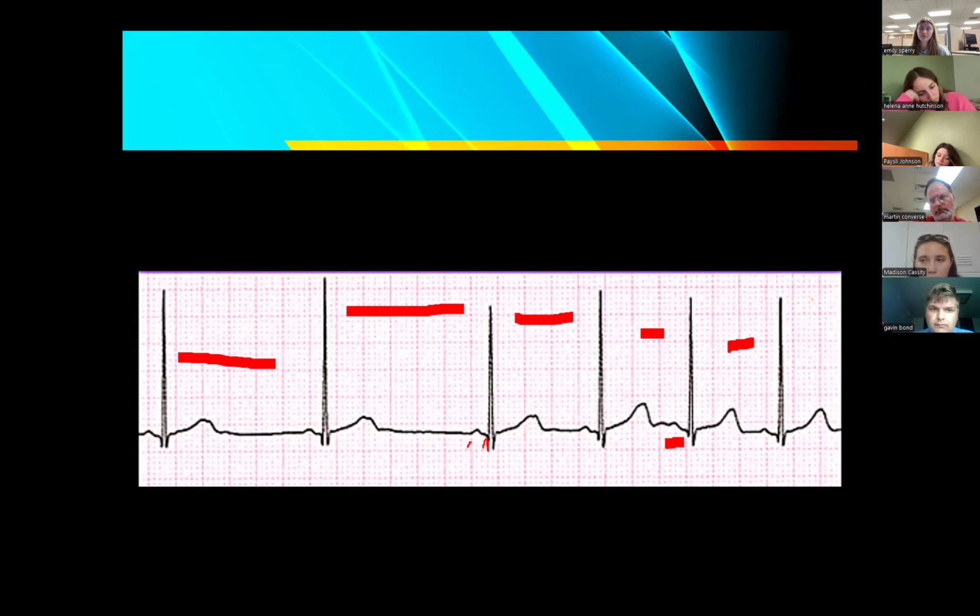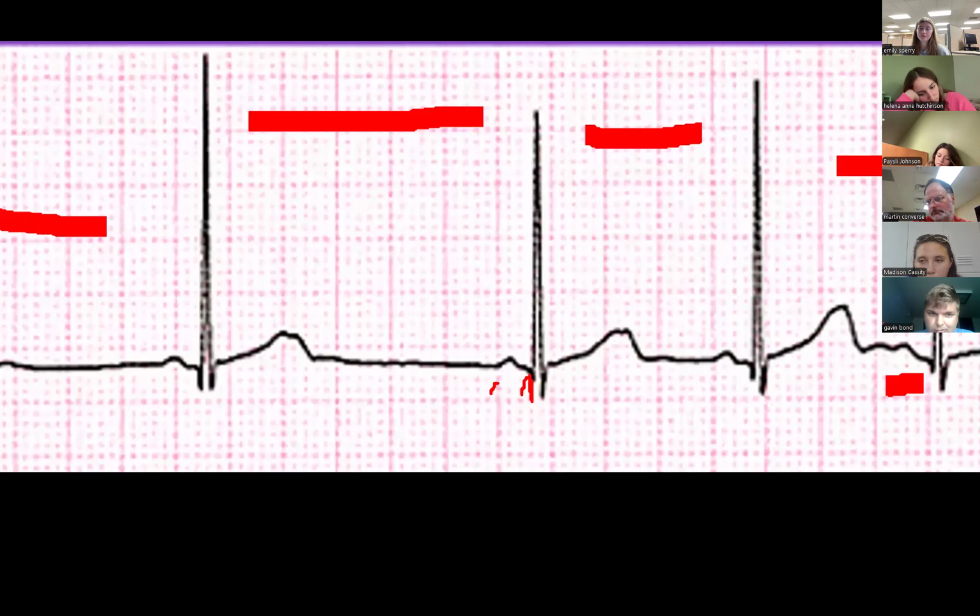Does it appear to be the same all the way across? Yes. Perfect. Tell me what you notice about the QRS in there. I'm not for sure on that one. Okay, so let me clarify it a little bit for you.